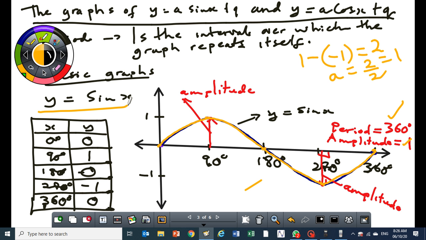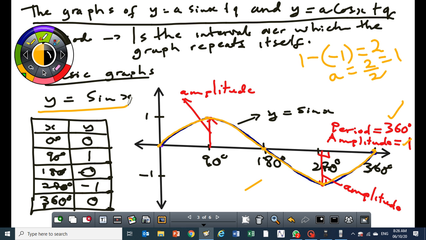If you are given the function as y equals minus 2 sine x, it doesn't mean that the amplitude is minus 2. The amplitude is 2. It's always positive. So you take the positive of that coefficient. So your A will be 2. When I say A, I'm referring to the amplitude. So that's the sine graph.